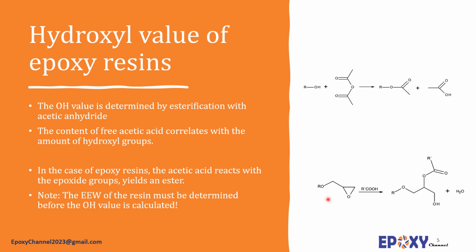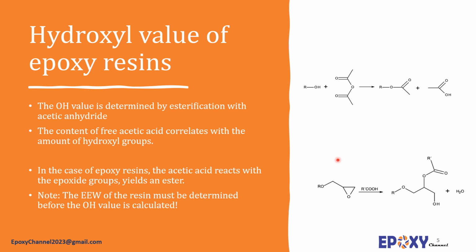But for the epoxy case, the thing is a little bit different, because this acetic acid, which is supposed to be titrated and reported, can react with these epoxy rings, and it is actually consumed. So when we use this method for epoxy resins, we have to consider that some of the acetic acid has been consumed by the epoxy rings.